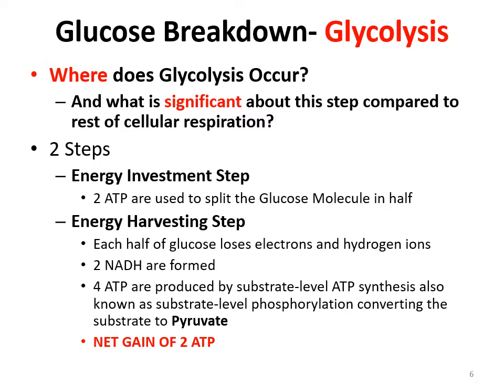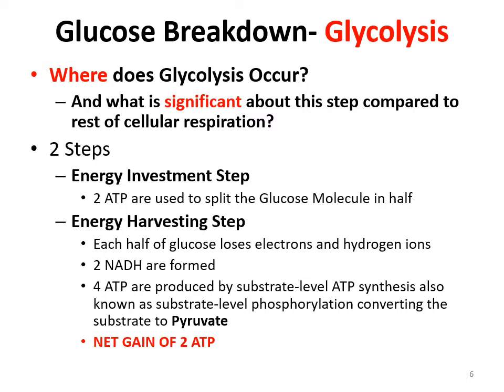because it is anaerobic. Now, in order to get the ATP, there are two steps of glycolysis. There's the energy investment step, in which 2 ATP are used to split a glucose molecule in half, and then the energy harvesting step.